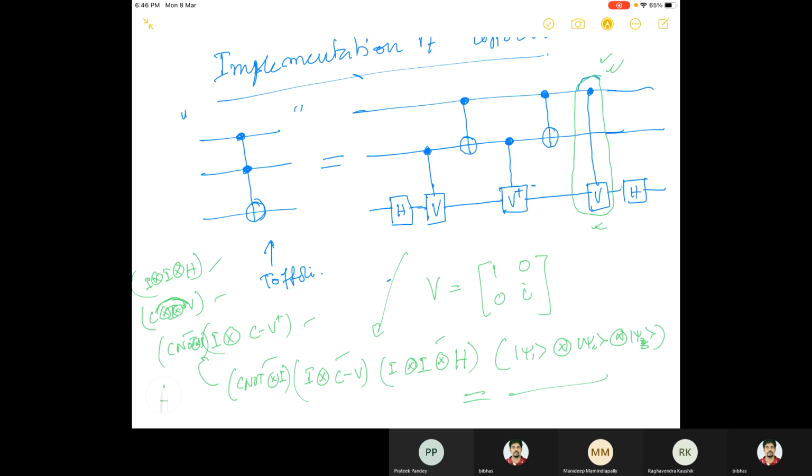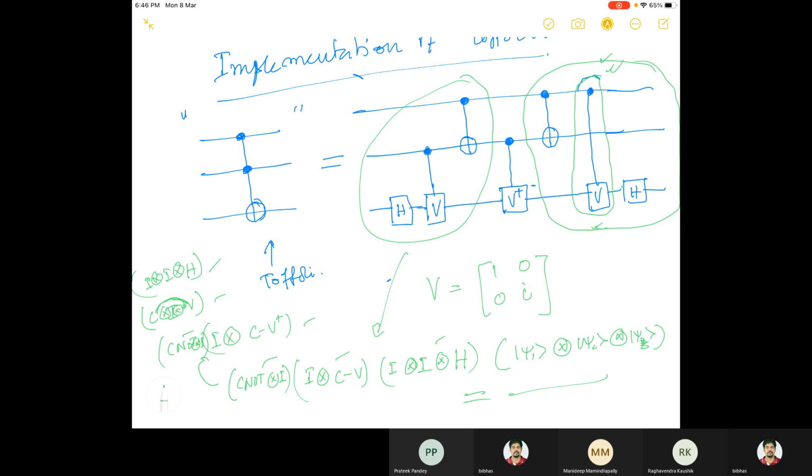Now I'll give you this as homework, or even if you do not consider it homework, the question is how to check, without any calculation, that this actually represents the Toffoli gate. I will give you a hint that this part and this part are just the reverse.